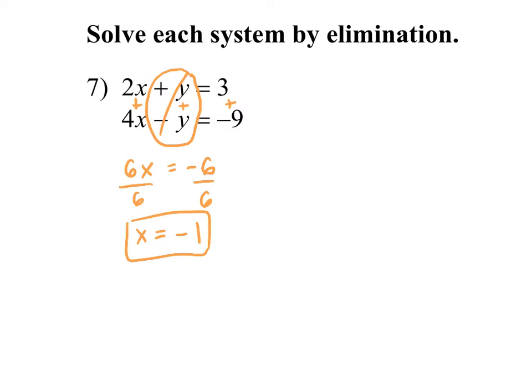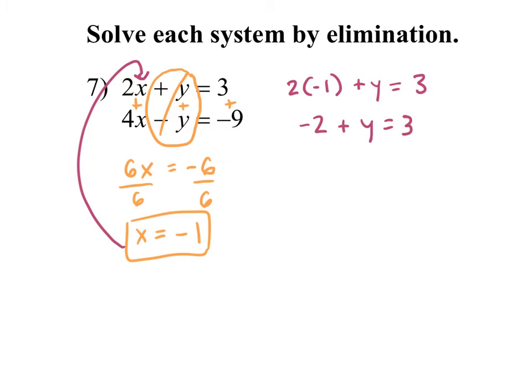Plug it into one of the equations. Which one do you want to plug it into? First one. Sure. It doesn't matter which one we plug it into as long as we plug it in for x. So we have 2 times -1 plus y is equal to 3. First thing we need to do is multiply. So -2 plus y is equal to 3.